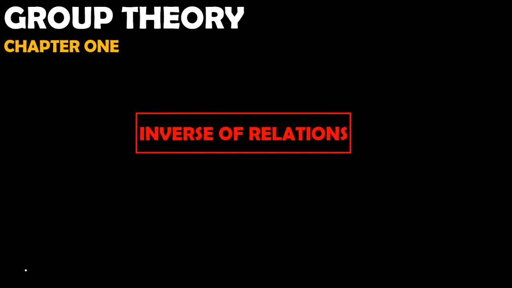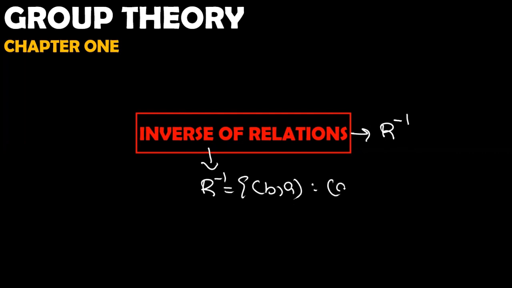Our next topic is the inverse of a relation. So how do we take the inverse of a relation? The inverse of the relation is represented by R inverse, which is the set of (B, A) such that (A, B) belongs to R. If we make the domain of our relation the range, and the range the domain, then we get the inverse relation.